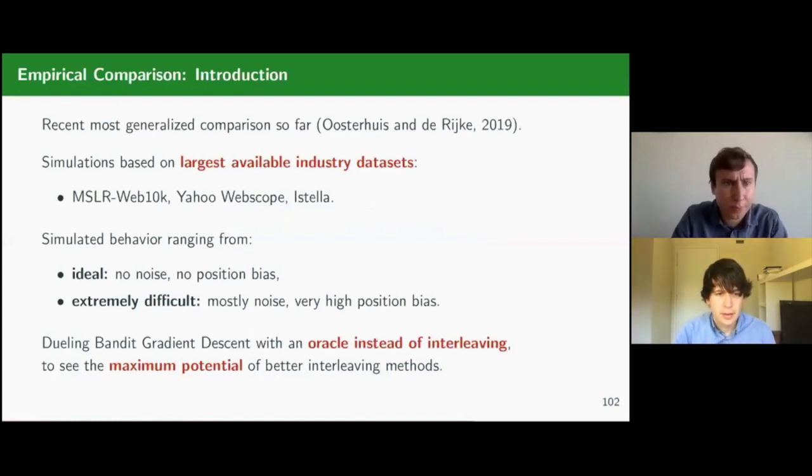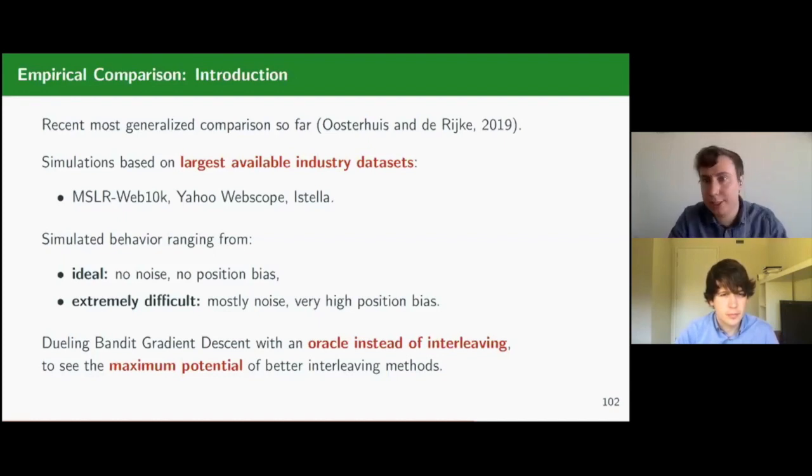So there's been a paper published recently that does a very generalized comparison where the simulations are based on large available industry data sets. These are data sets that are coming from big web search engines, and they contain many queries, in the order of thousands, with many documents per query.